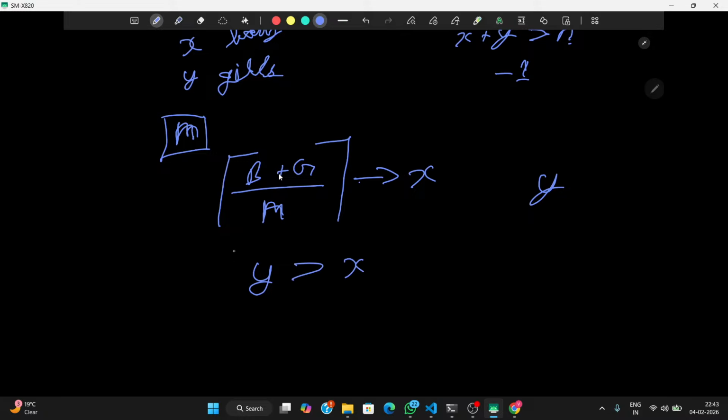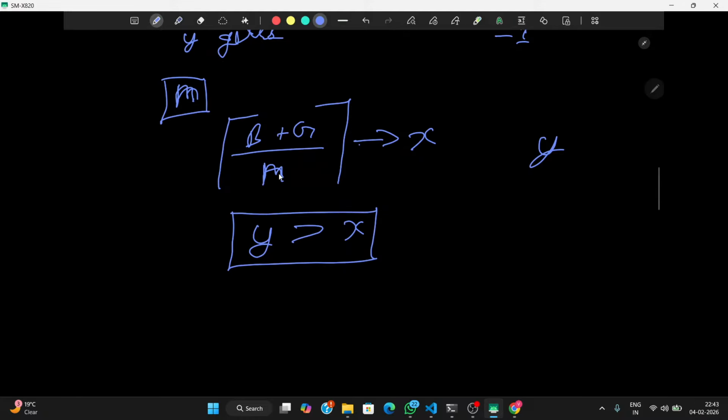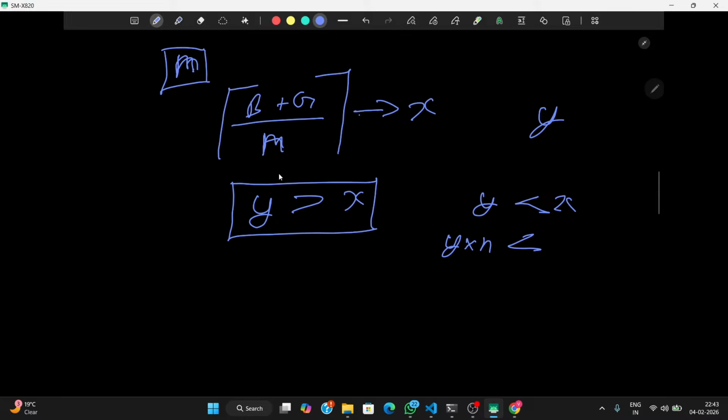We will contradict this afterwards. Y cannot be less than x, because if y is less than x, then y into N will be less than B plus G, because x is the ceil of (B plus G) by N.